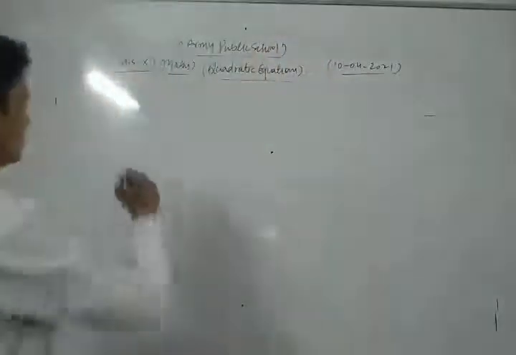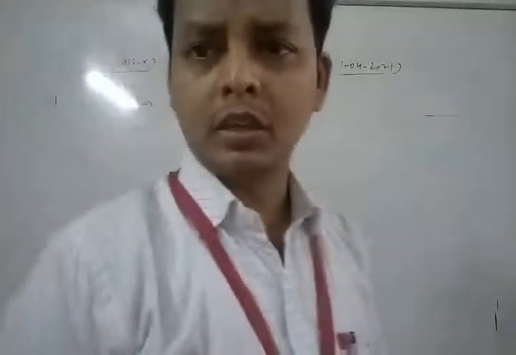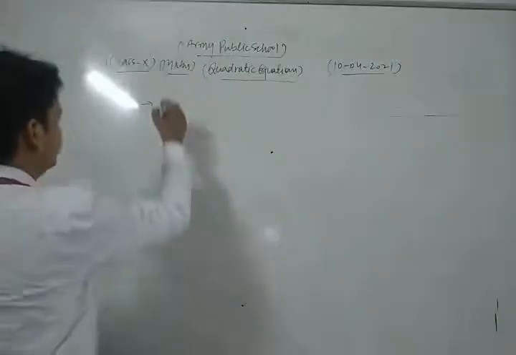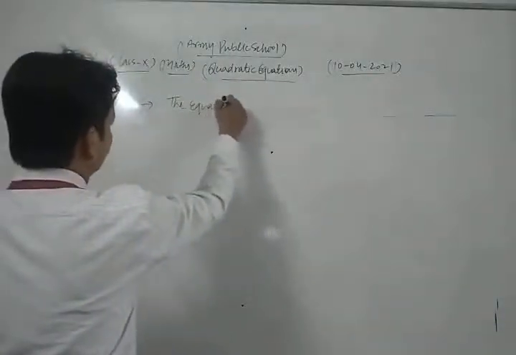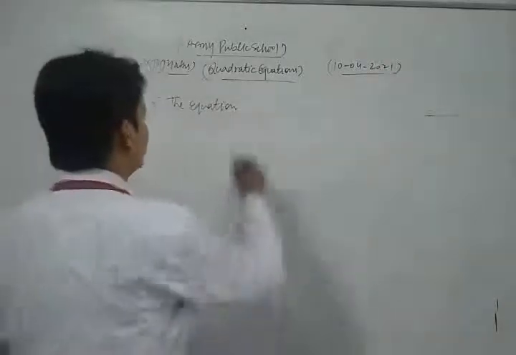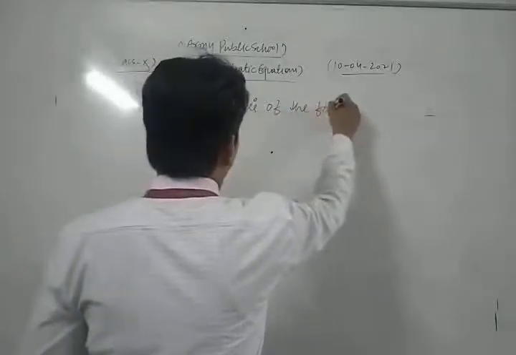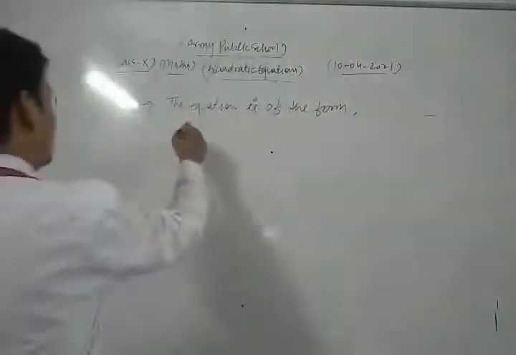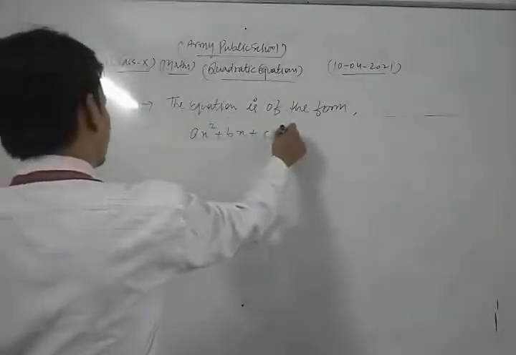Now let's see what is the standard form or general form of the quadratic equation. The equation is of the form ax square plus bx plus c is equal to 0.